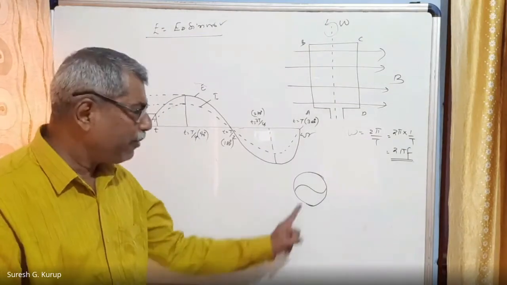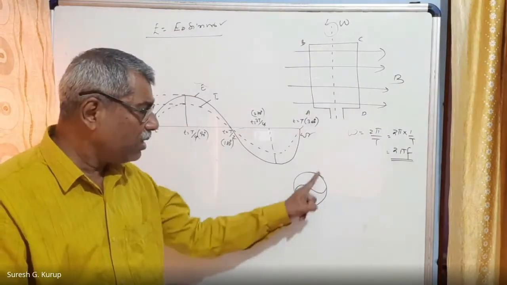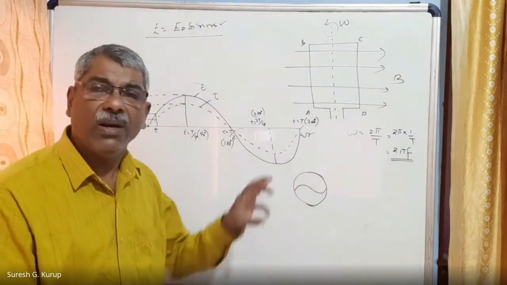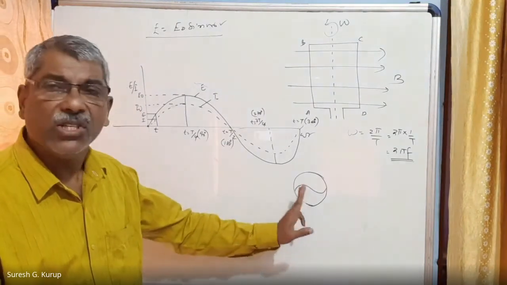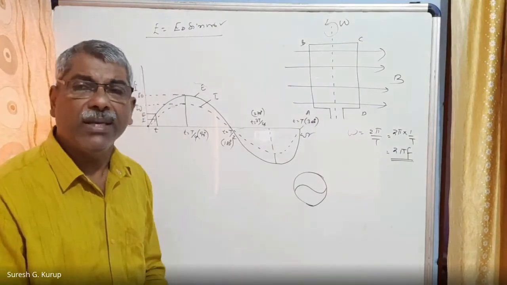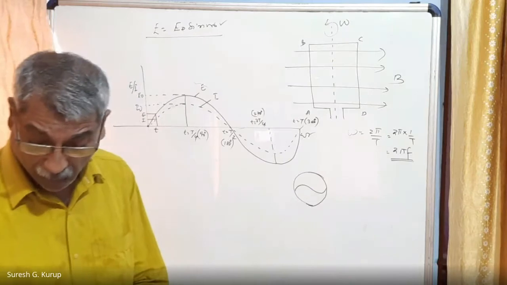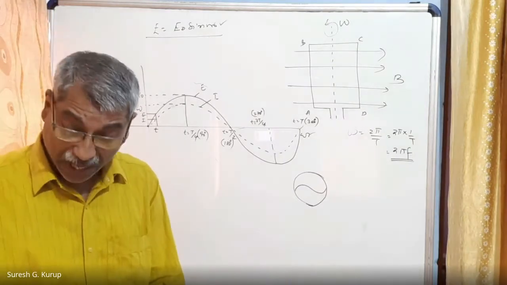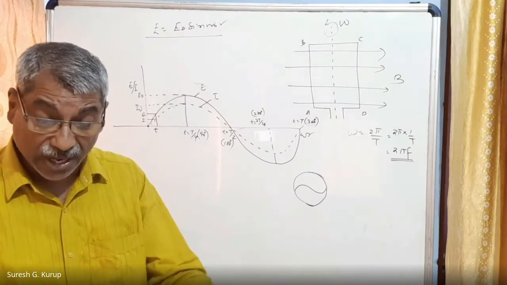So AC EMF is sinusoidal. To represent that, a circle is taken, and inside the circle we keep a sine curve. So this represents E is equal to E0 sine notation. The symbol of AC EMF is a sine curve kept inside a circle. So this is AC current and AC EMF, right?